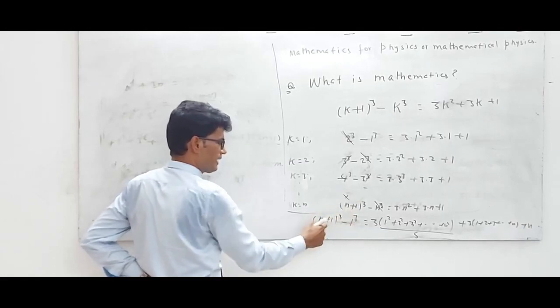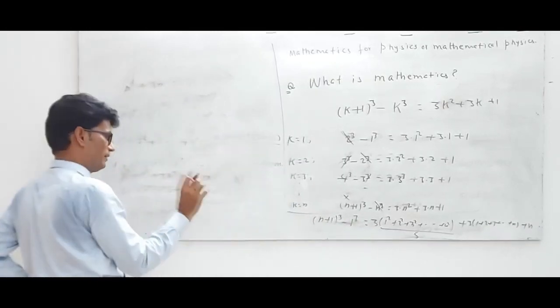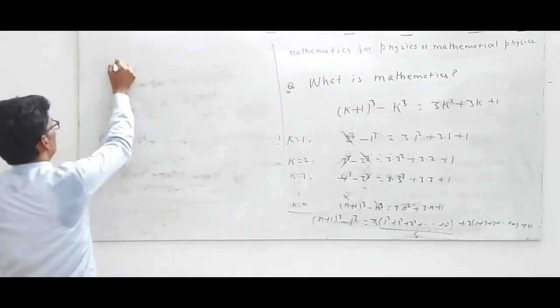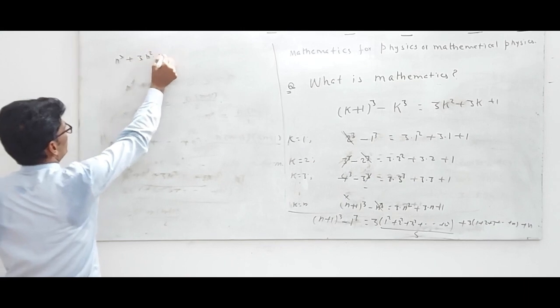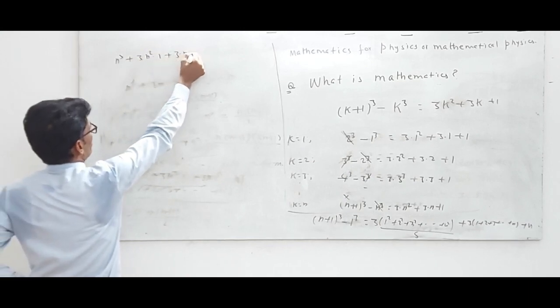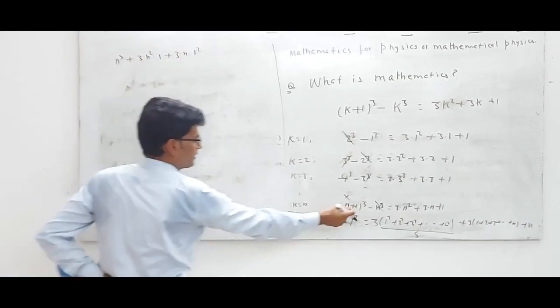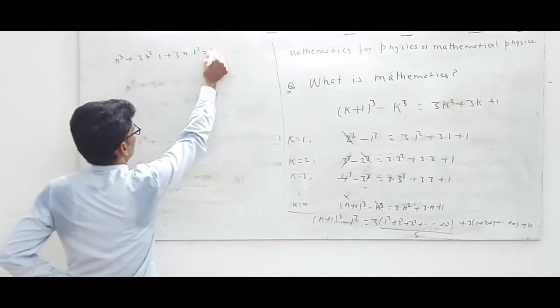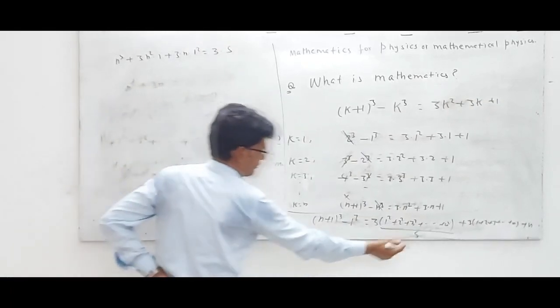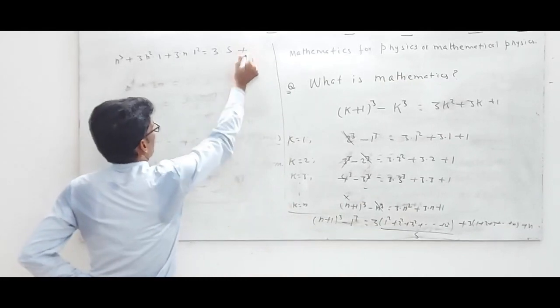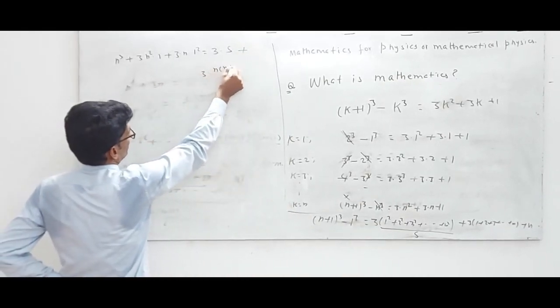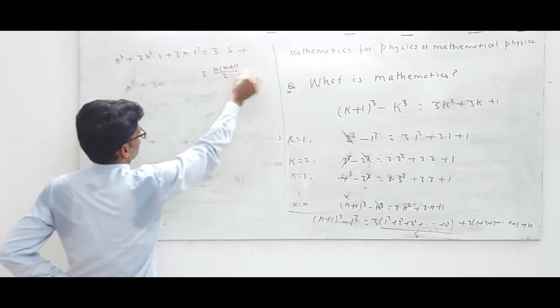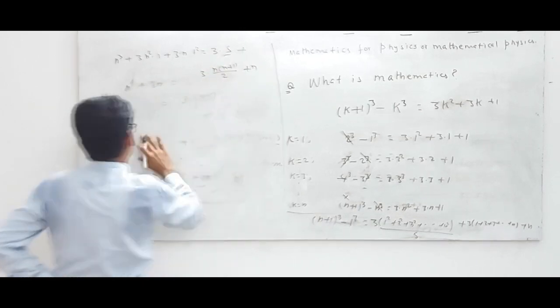So 1 cube has been cancelled here. What is left? I am going to write the left things here: n cubed plus thrice n square into 1 plus thrice n into 1 square. 1 cube has been cancelled out from here. This is thrice, say take it S, because we have to find the value of this. And now plus 3 times the sum plus n plus 1, and we have to find S here.